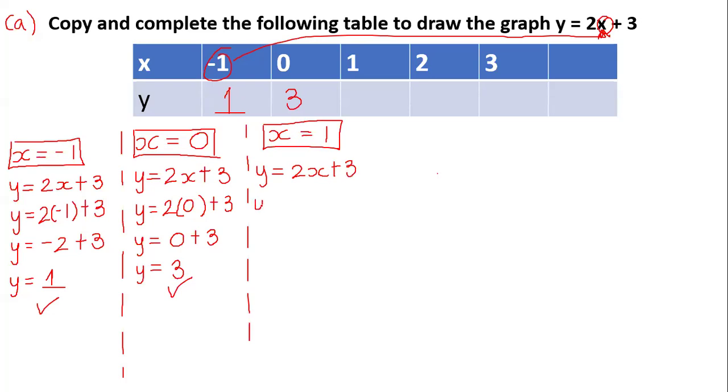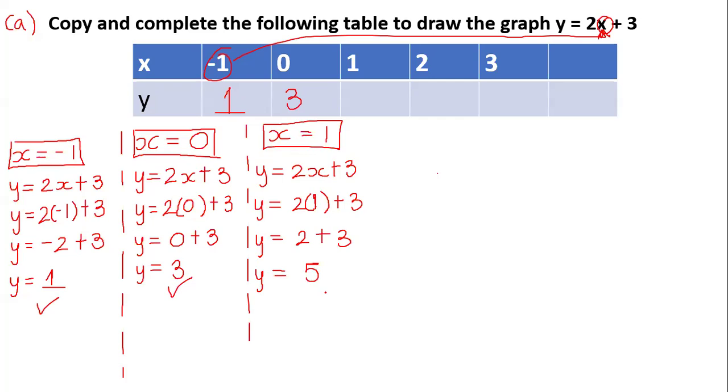So y is equal to 2 open bracket. Instead of putting x, we put 1, right? Plus 3. What is 2 times 1? 2. Very good. And 2 plus 3 is what? 5. Very good. I have y is equal to 5.